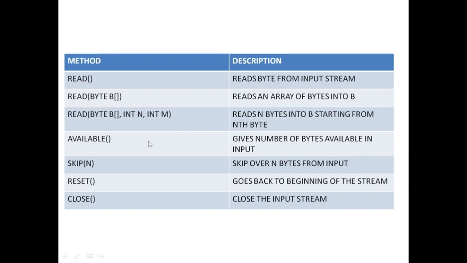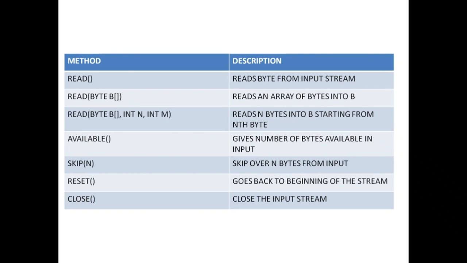Next is the available method. This method gives the number of bytes available in input, or how much data is still left to be read. Next one is skip, and you will pass an argument called n, and it will skip over n bytes from the input.